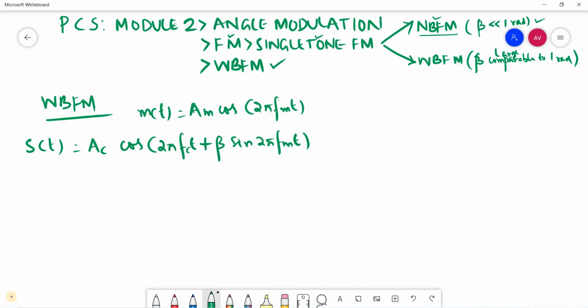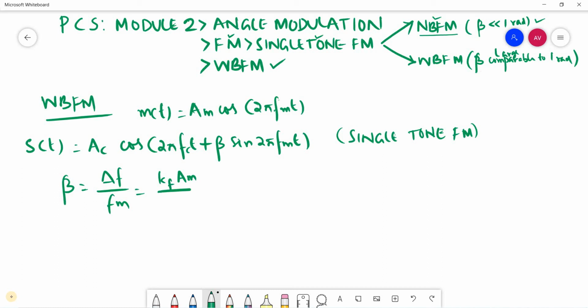This is the time domain expression for single tone FM, where beta is equal to delta f by fm, and delta f in turn is kf into Am. So beta is delta f by fm. These aspects we have also seen.